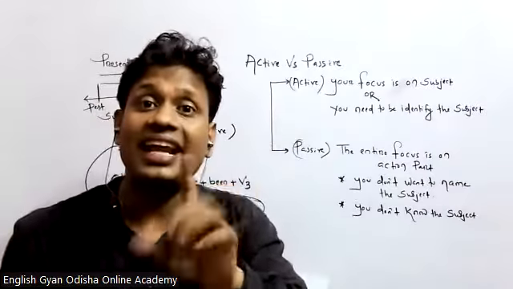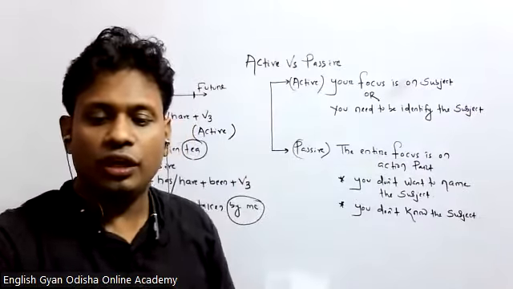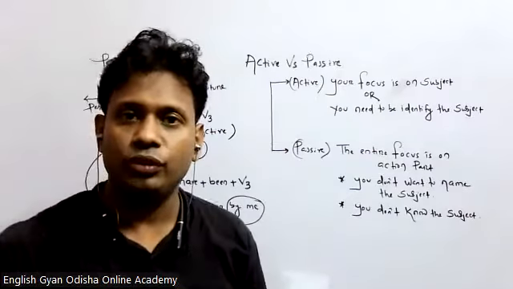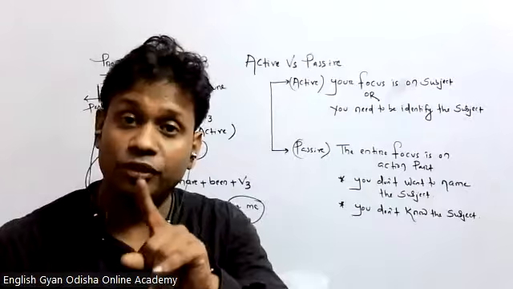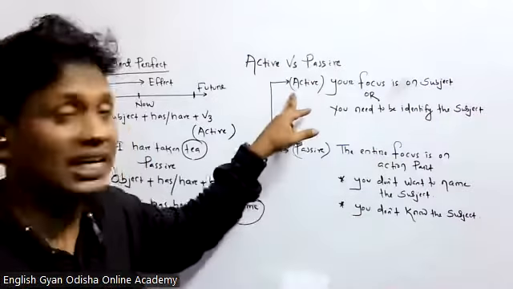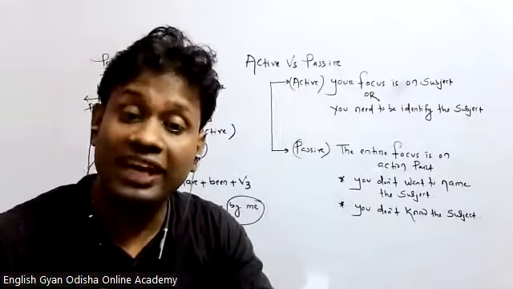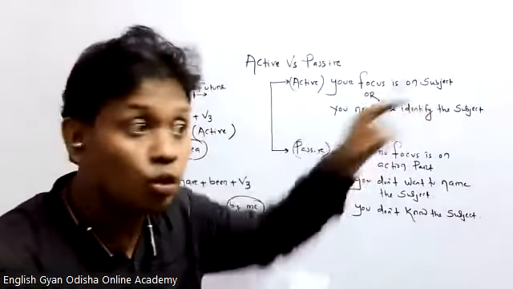Suppose you are sitting in an interview, right? Suppose I am taking an interview and suppose Raju sir is coming to face the interview. If I ask you, can you tell me something about your qualification? Whatever the qualification, never use passive. Always use active because you want to identify yourself. Try to understand. Whenever you are focusing on the subject, who has done this?